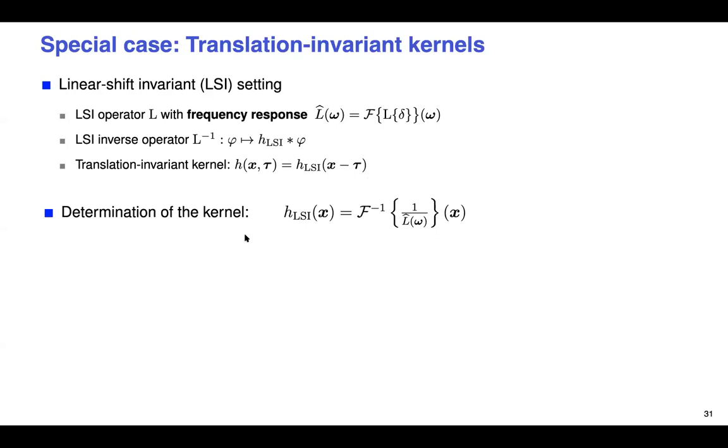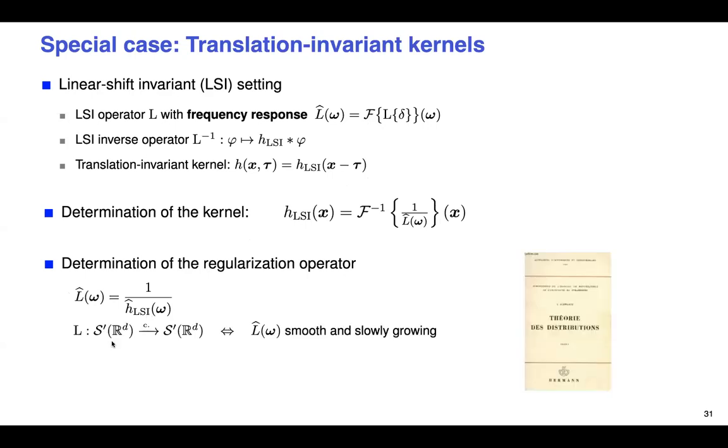And then, for example, if I give myself the operator, I can determine the kernel by just doing this inverse Fourier transform, or vice versa. If I'm doing reverse engineering, if you give me the kernel, I can determine the operator by taking 1 over this, if this thing is well defined.